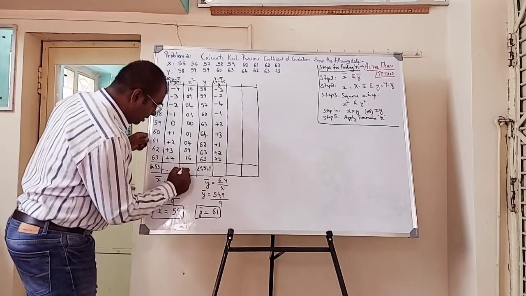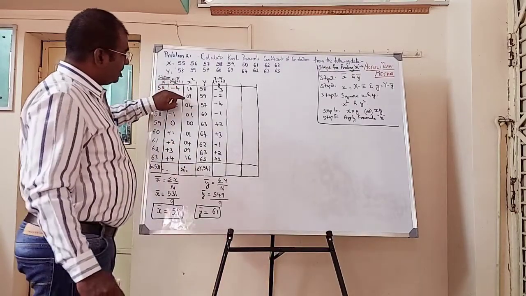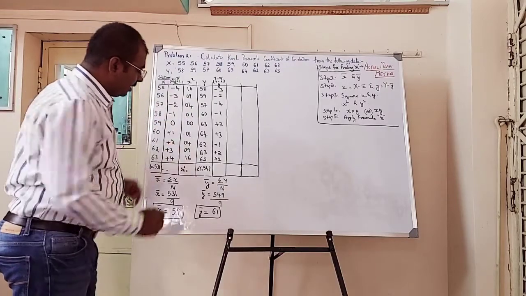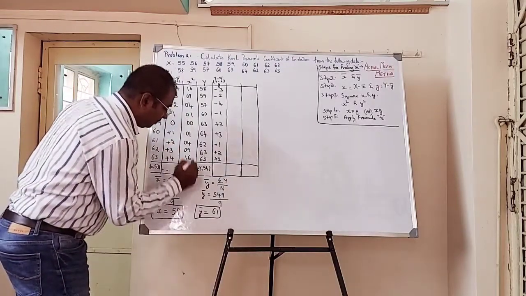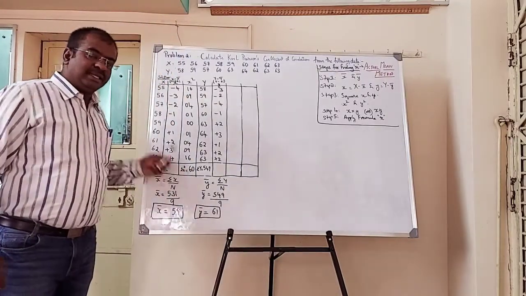So sigma x square is equal to 16 plus 9 is 25, plus 4 is 29, plus 1 is 30, 30 plus again 30 is 60. Therefore sigma x square is equal to 60.